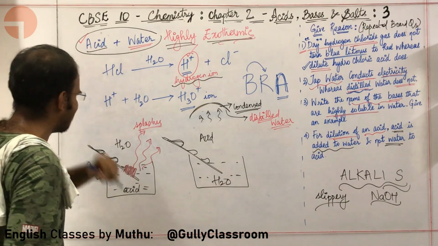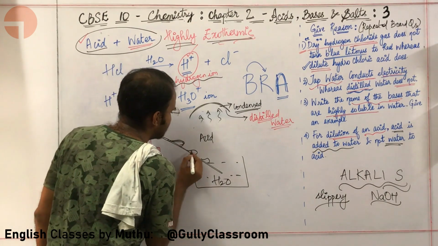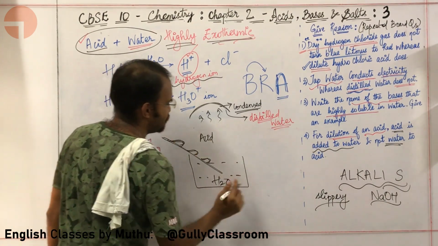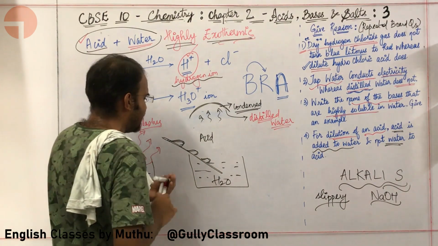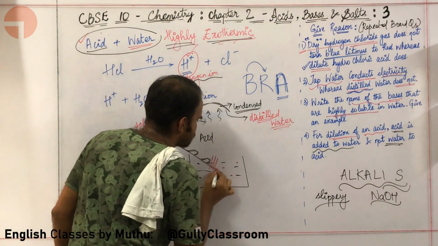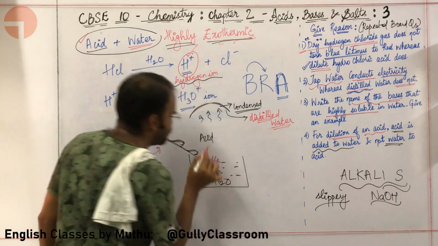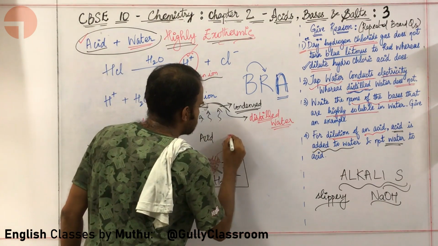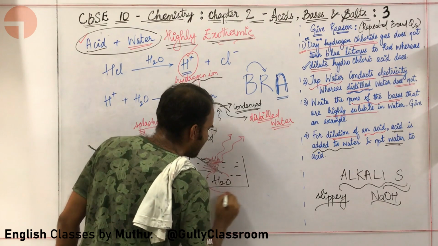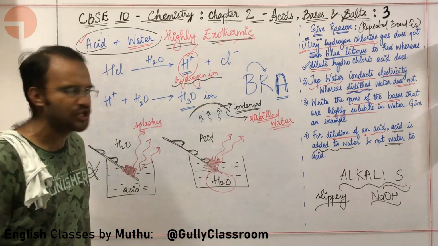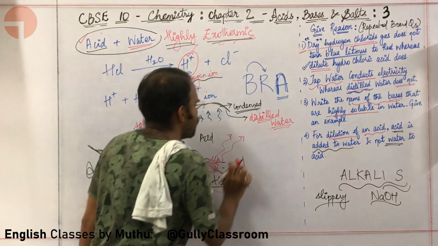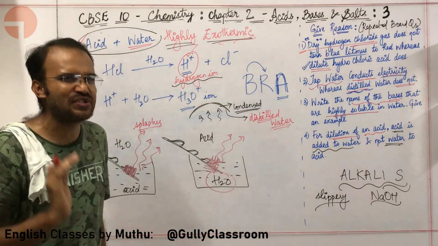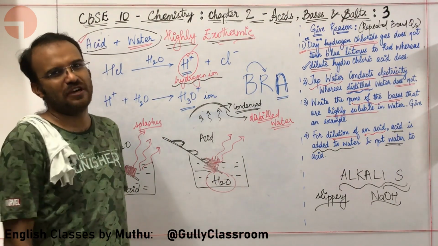Let us look at the second example. Here I am allowing the acid to come in drips into the water. Now what will happen? Let us say a lot of heat is produced. Even if a lot of heat is produced and splashing happens, only water will be splashed and the students will not be disturbed.